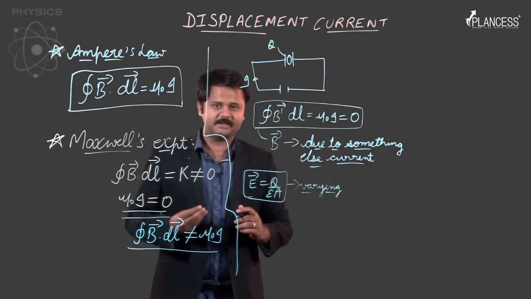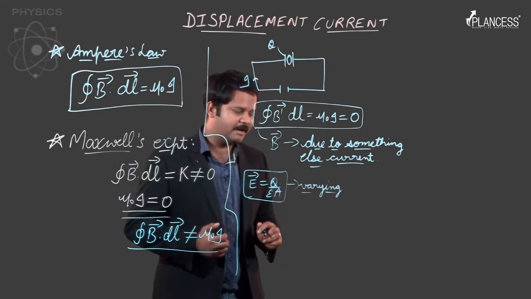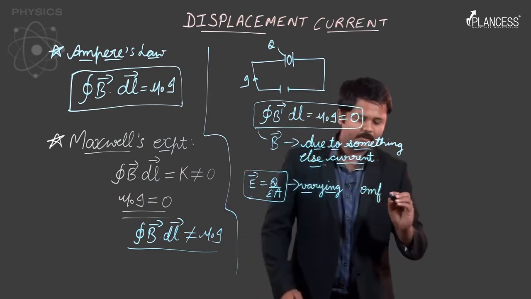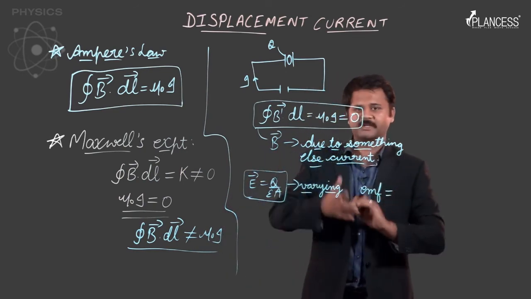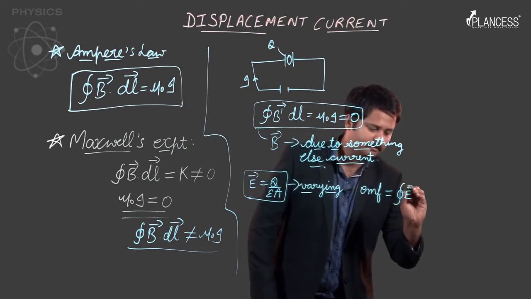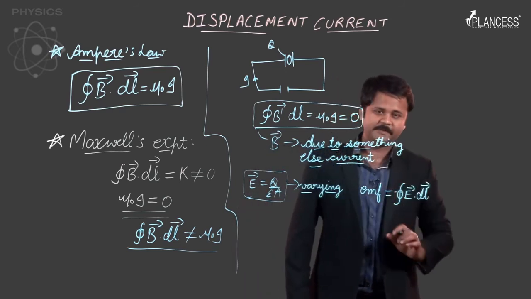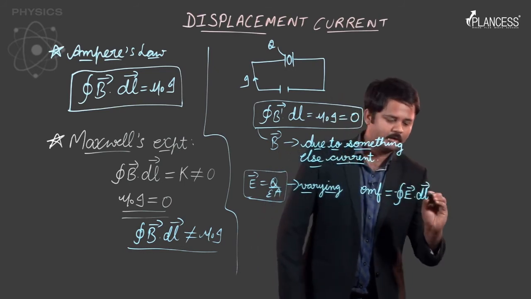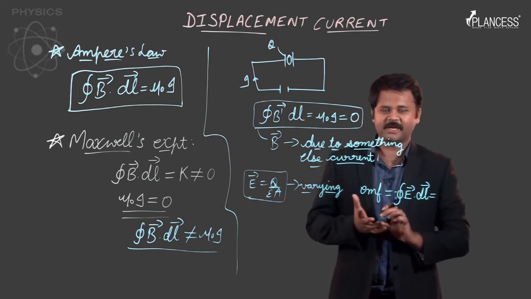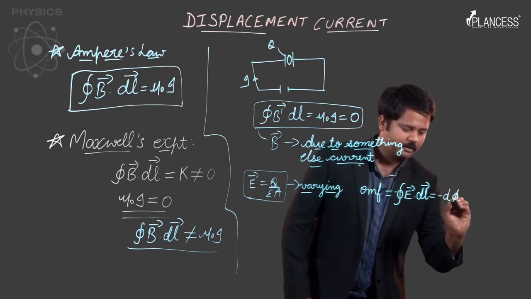The last piece in the puzzle for him was the observation that was found in Faraday's law. In Faraday's law, we have already studied that EMF, if you are talking about a closed loop such as this loop, can be written as integral E dot dl, with a minus sign of course. Then this particular quantity, he found out that it was equal to the rate of change of the magnetic flux that was passing through this loop, with a negative sign.